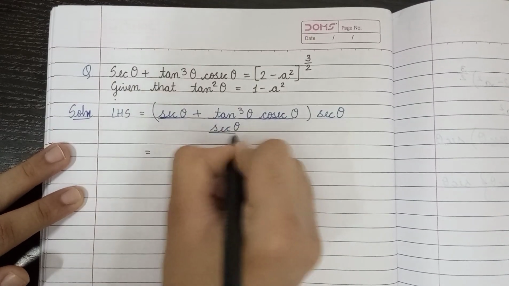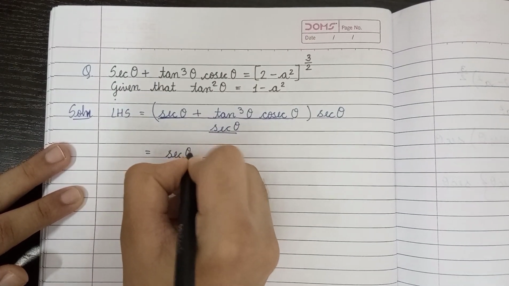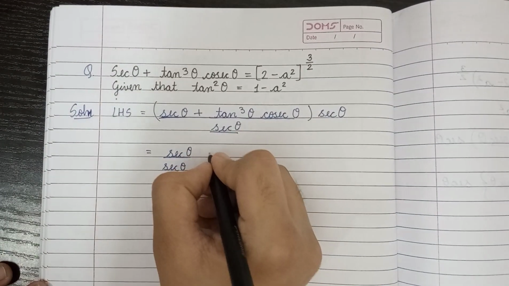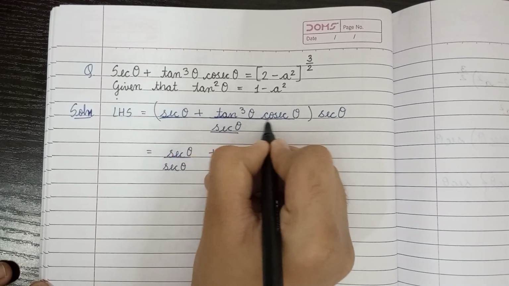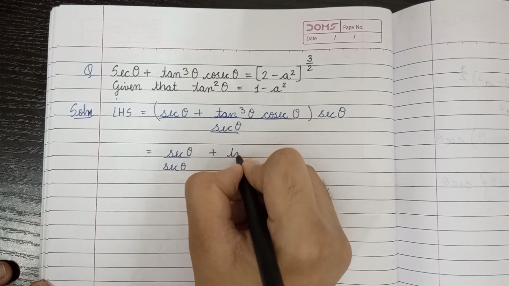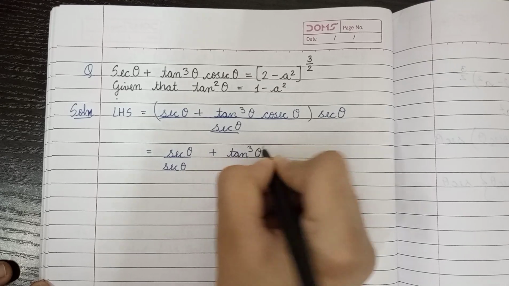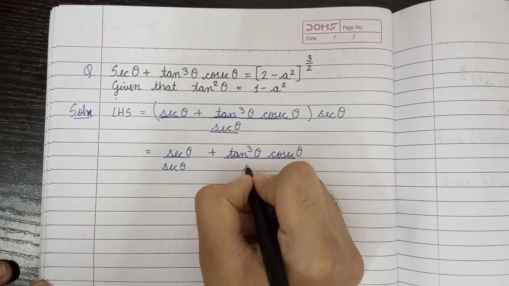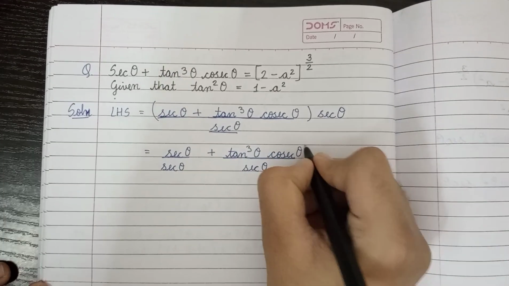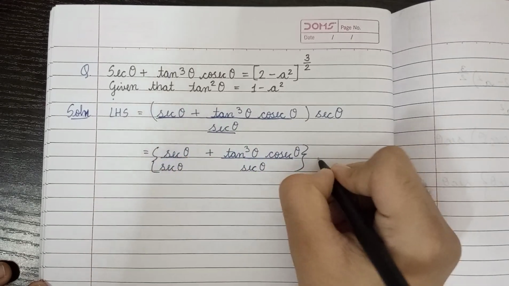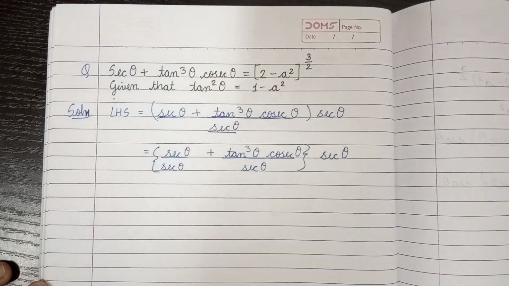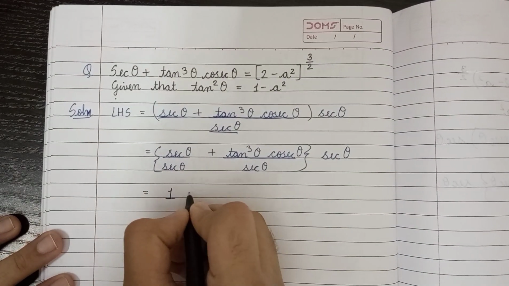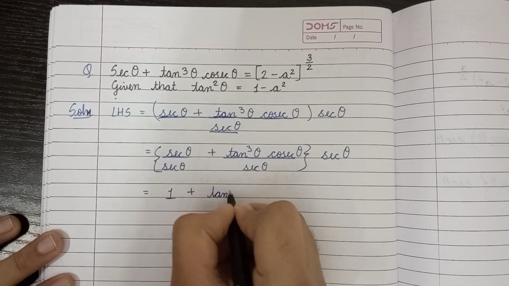Which means sec theta by sec theta plus tan cube theta cosec theta by sec theta, whole multiplied by sec theta. Moving on to the next step, sec theta by sec theta is 1 plus tan cube theta as it is.